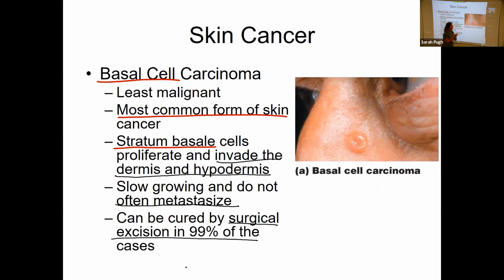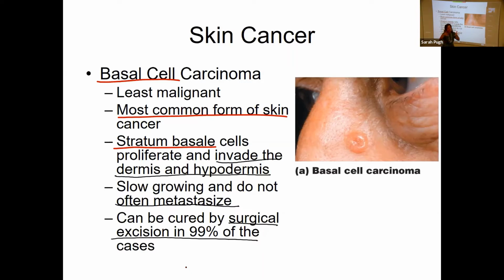Now, another way that they'll typically do basal cell carcinoma is a type of surgery called Mohs surgery. It's where they go in, it almost looks like a melon scooper, and they kind of scoop it out and then immediately run pathology on it while you're still in the office. They make sure they got clean borders. What that means is there's no cancer on the edge of what they cut.